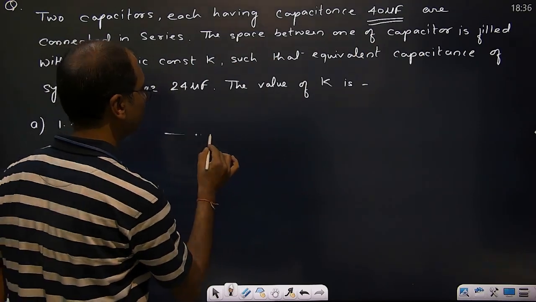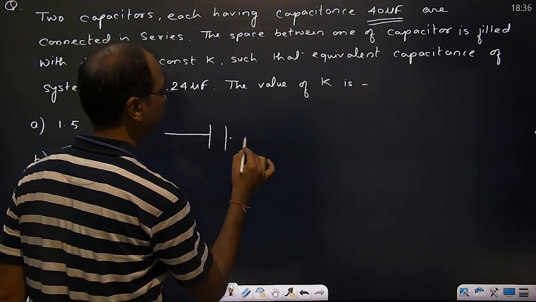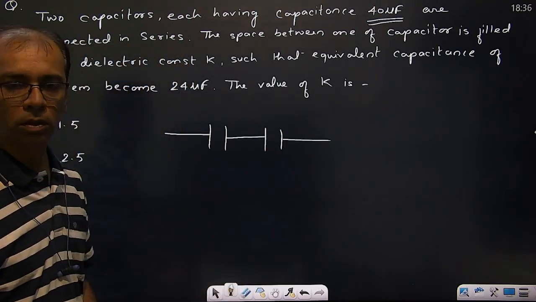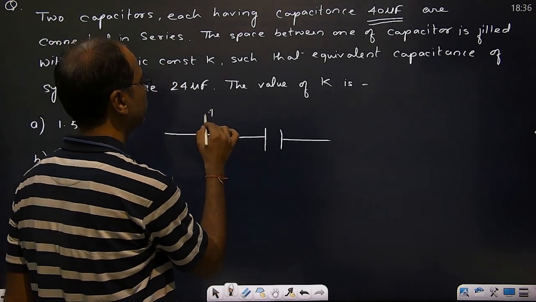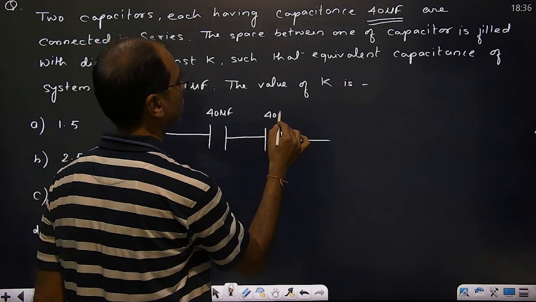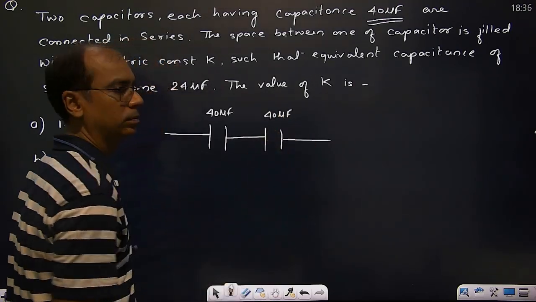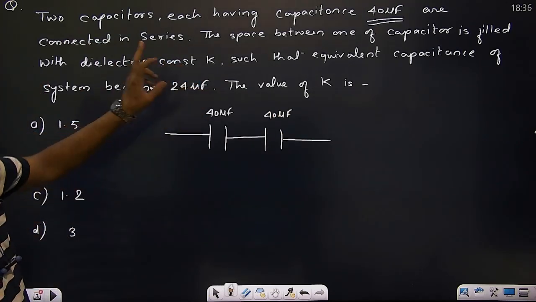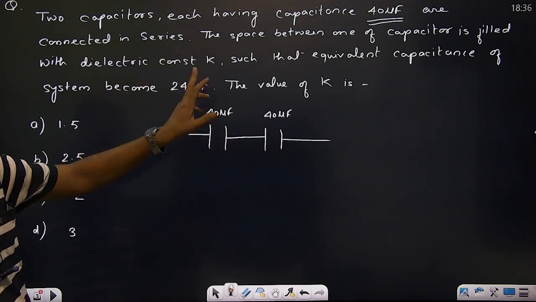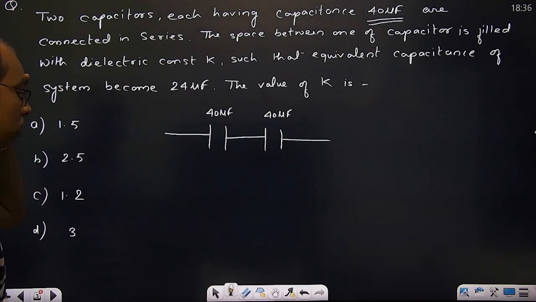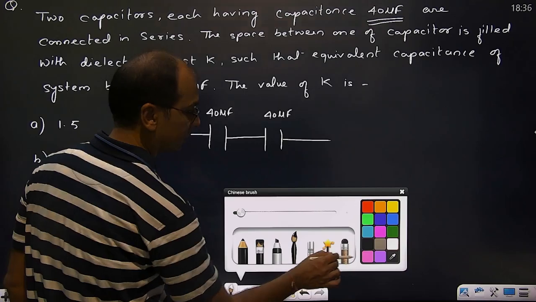Let's make them series first. This is capacitor 1 and this is another capacitor. This is 40 and this is also 40. They say the space between one of the capacitors is filled with dielectric constant K. So let's fill it.